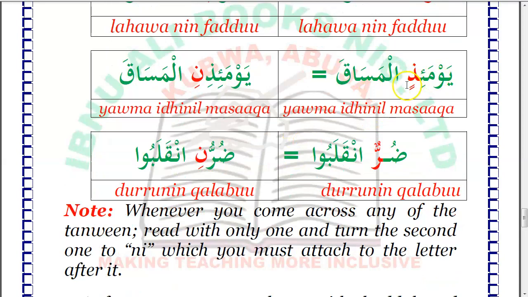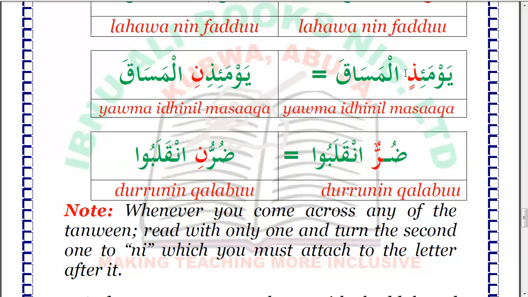Here is another one. When you see alif al-wasl after double kasra or double dhamma or double fatha, read with single kasra. I repeat. Wherever you see alif al-wasl after double kasra, you read with single kasra. That means you read it as yawma idhi. The second kasra turns into noon with kasra. Even though it is not written here, just imagine it.